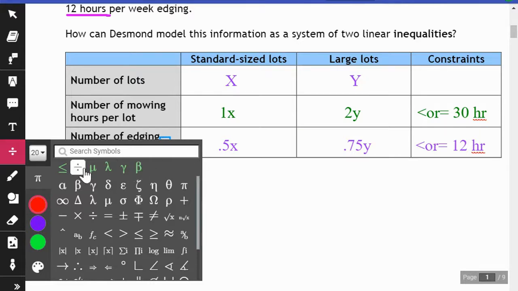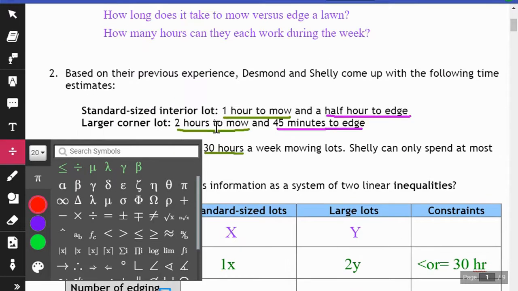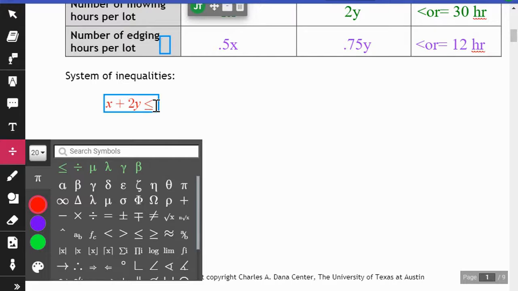Hey, where'd you go? Come on. I hate this program sometimes. Here we are. Less than or equal to 30. That's one of them.